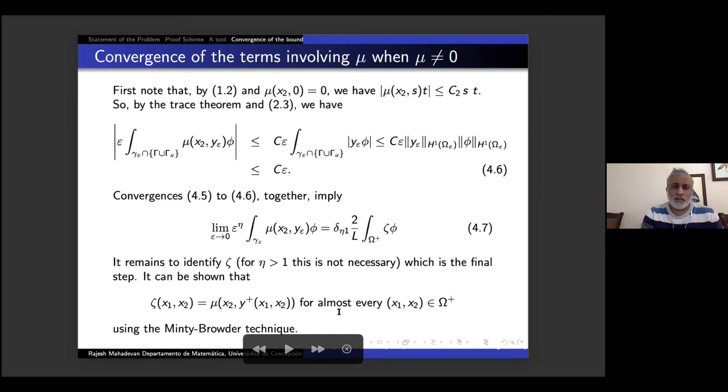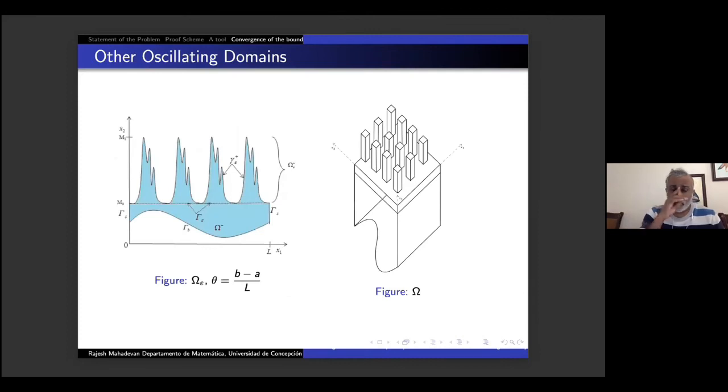So this is more or less what I wanted to say, but before closing, I would like to make a few more remarks. As I said, the example I showed you was like teeth, but you can also have a periodic function on the upper part and not necessarily cylindrical, like what we saw in the talks by Murab, but these also have been studied in papers by Melnik, so it's not new.